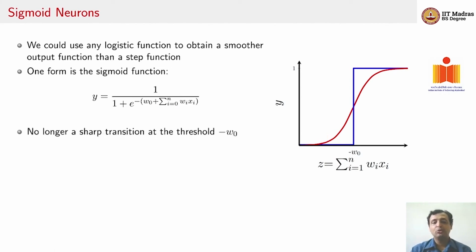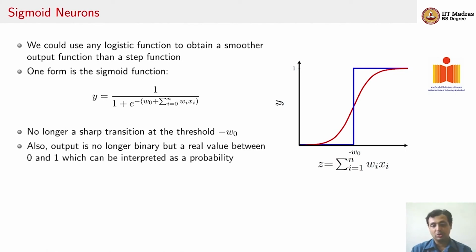Clearly here, you no more have a sharp transition at a threshold, but a smooth transition as your input keeps changing. Also, your output now is no longer just binary. It's not just 0 or 1, but your output can be any value lying between 0 and 1, which could potentially be interpreted as a probability of the output.